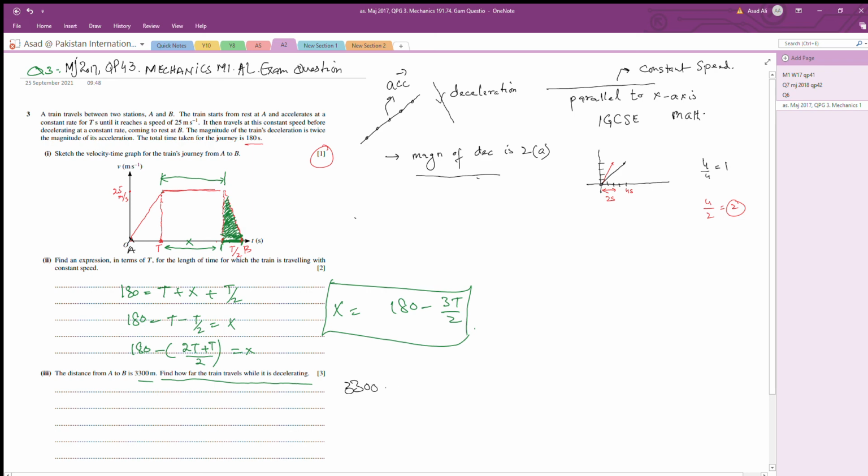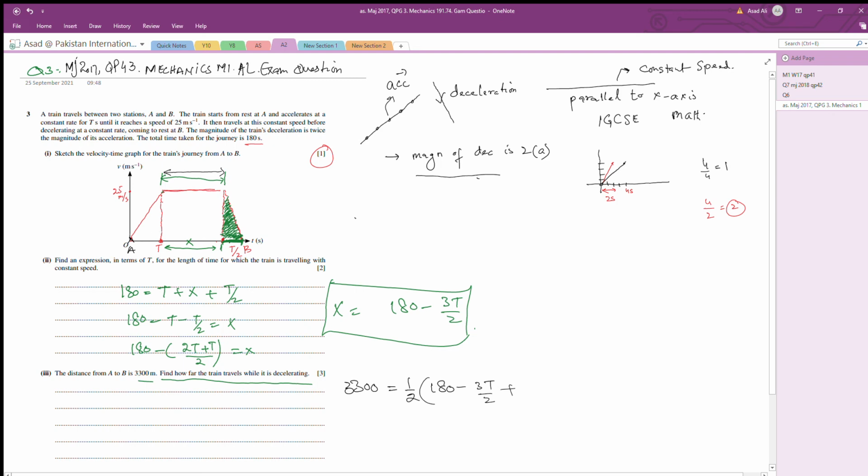3,300, which is equal to 1 over 2 times. Now what is that time we got? That is basically this time, 180 minus 3t over 2, plus this time.